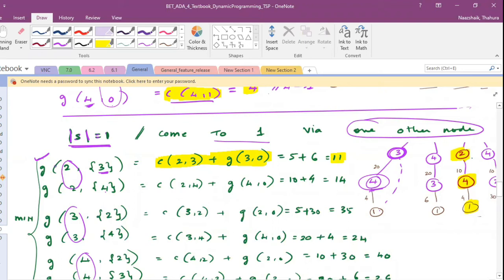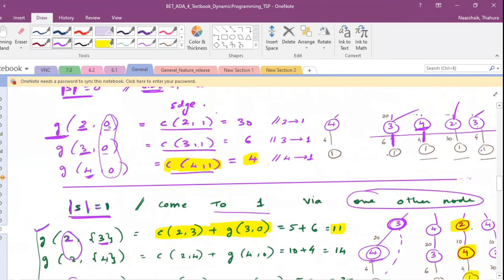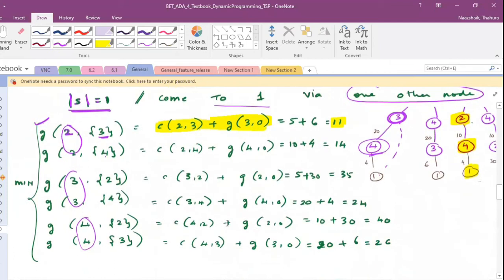Okay. So the formula says the vertex that you want to reach 1, and in between what you will go, right? If you look at this, why did we write 0? Because in between there is nothing. That is why it is 0. But now we have to take in between 1 vertex, right? So these are the possible combinations you have, right? You take vertex 2, you can reach 1 via 3, or you can reach 1 via 4.